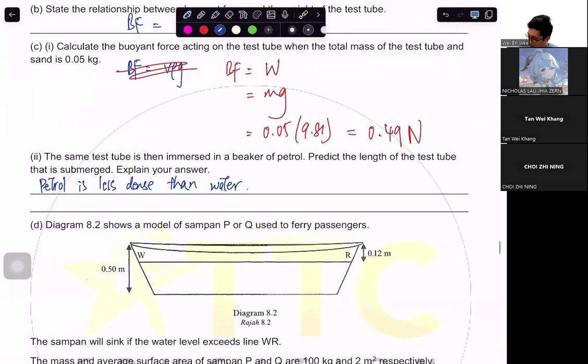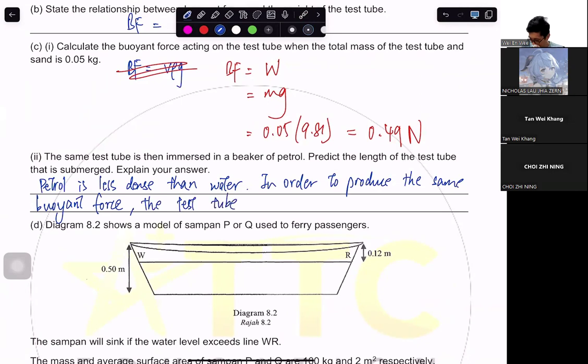So you say, in order to produce the same buoyant force, the test tube must submerge more.